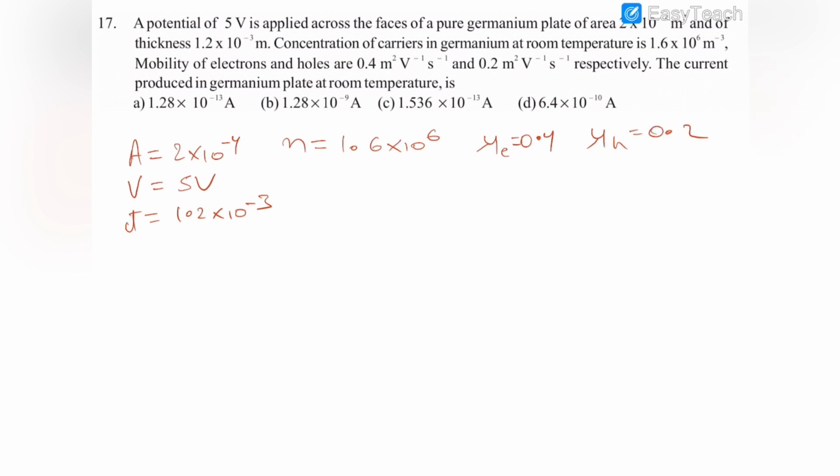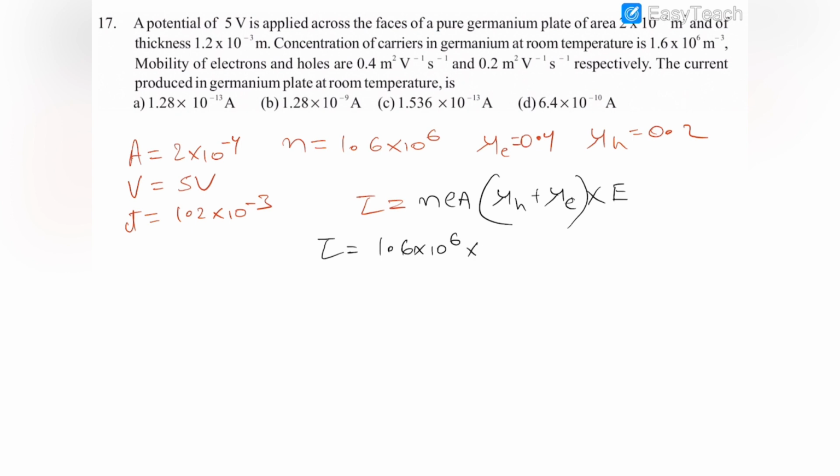So the current produced in the germanium, I. So I is the current produced, and it is NeAVd, and Vd is the drift velocity, which is mu into E. So this is (mu_h plus mu_e) into electric field. So the value of N is 1.6 into 10 raised to power 6, and the value of this e is the electronic charge.